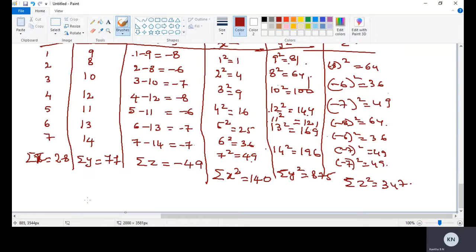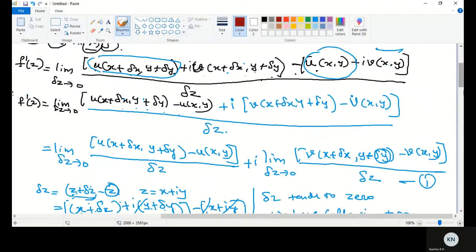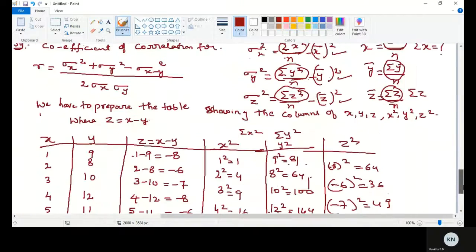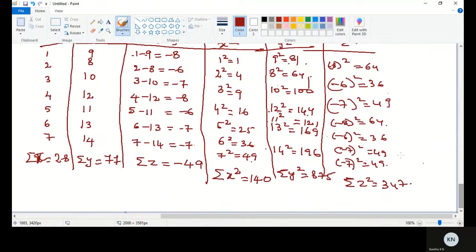Then next we need to find the x bar. Here x bar is equal to summation of x by n.